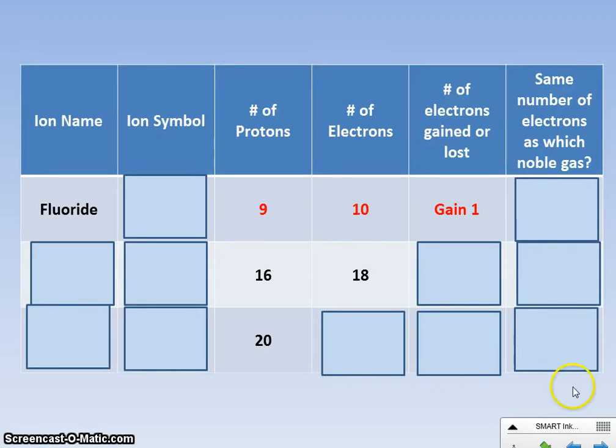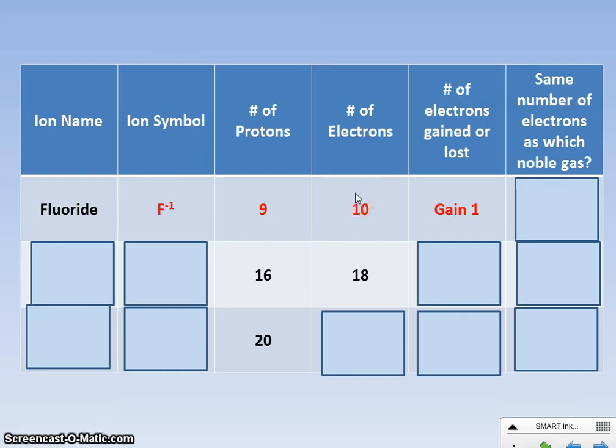Well, it's going to have 10 electrons. 9 protons, 10 electrons. So if we have 1 extra electron, and electrons are negatively charged, our ion symbol is going to have a -1 charge on it. So we write F, which is our symbol for fluorine, and you put that -1 on there because you have a -1 charge with that extra electron.